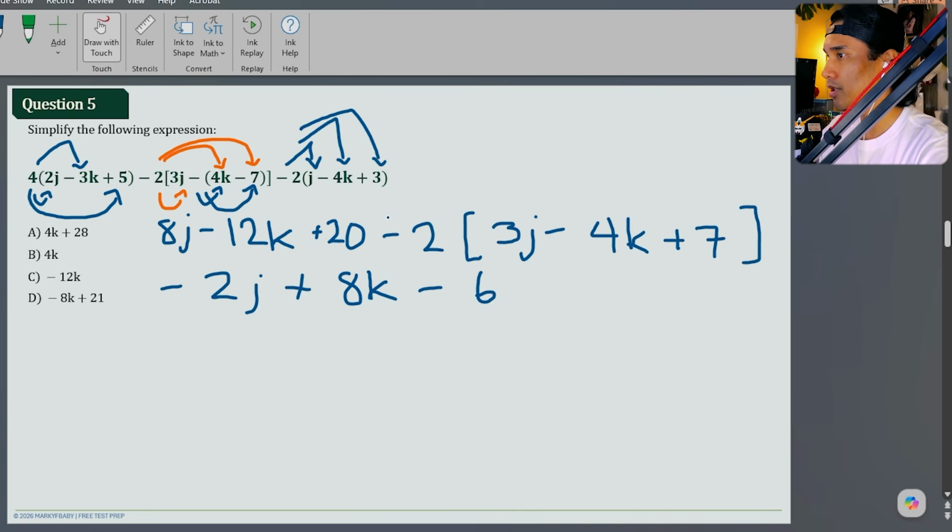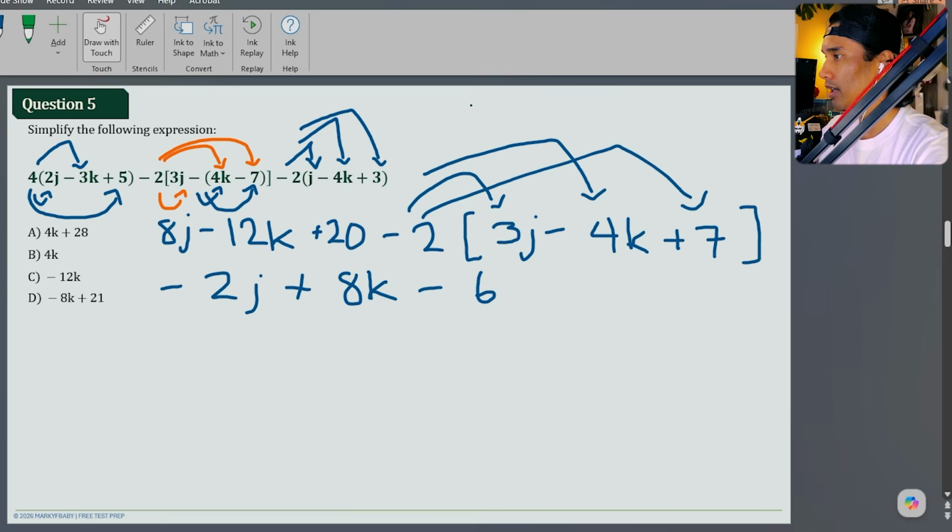And then what I'm going to do next is multiply this negative 2 and distribute it to all these terms here. I'm just going to do it right here at the top so I can rewrite everything later. So negative 6j, because negative 2 times 3j is negative 6j, and then plus 8k, because negative 2 times negative 4 is 8k, and then minus 14, because negative 2 times 7 is negative 14.